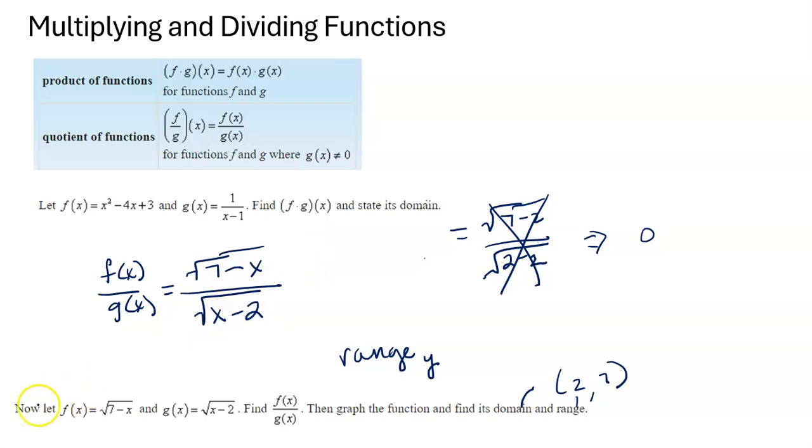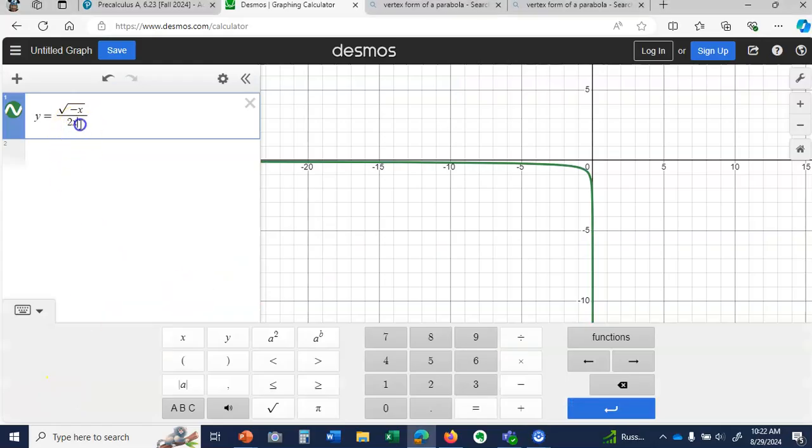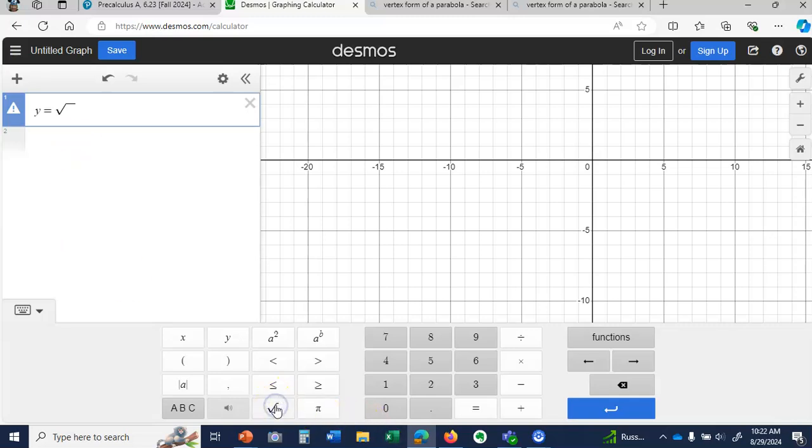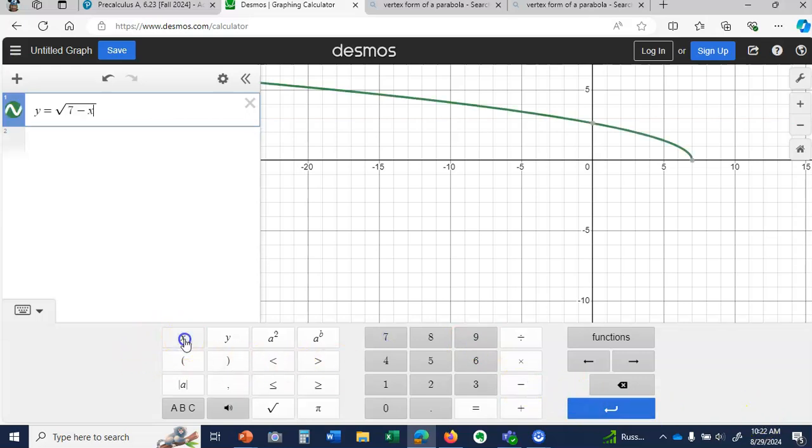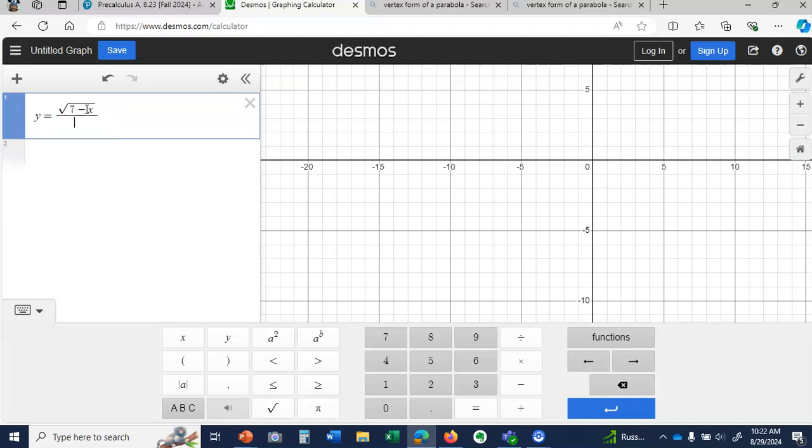Actually, I'm going to pause and double check. Okay, I'm going to go ahead and graph it so we can get the domain right on that one. So this is, let's see, y is equal to the square root of 7 minus x, over the square root of x minus 2.